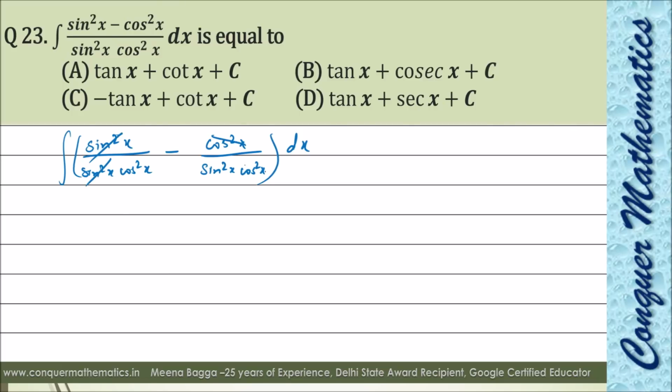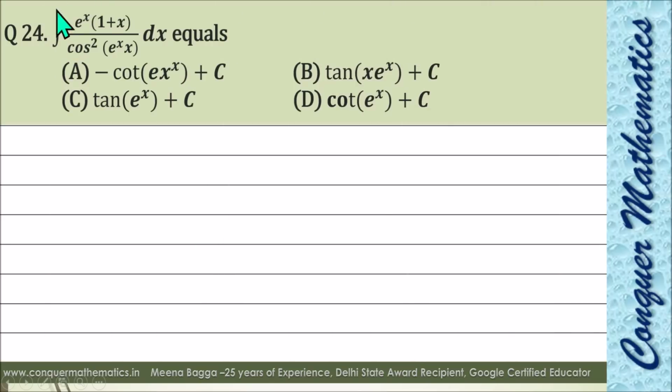In the second, cos square x will be cancelled. 1 upon cos square x means sec square x, and the integral of sec square x is tan x. 1 upon sin square x is cosec square x, and the integral of cosec square x is minus cot x. So this will be plus cot x plus the constant of integration. So the answer will be A. Okay. Simple to get, just the simplification.